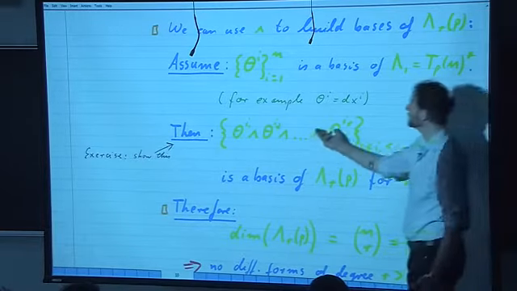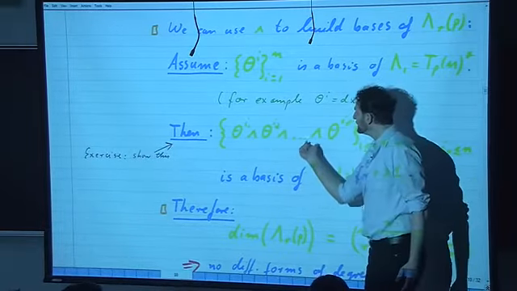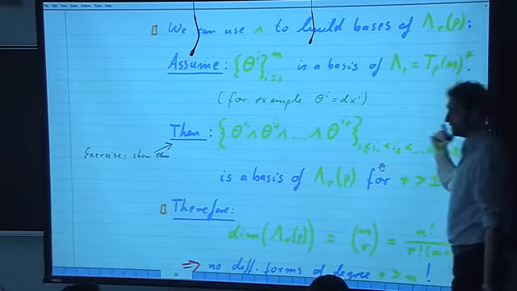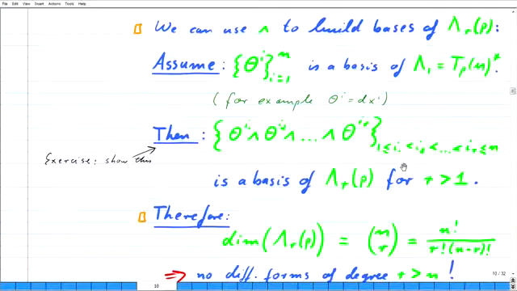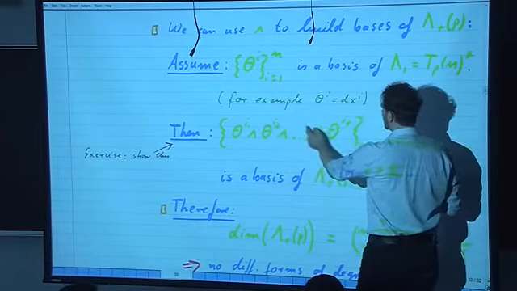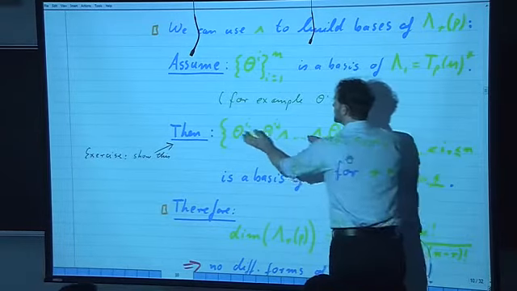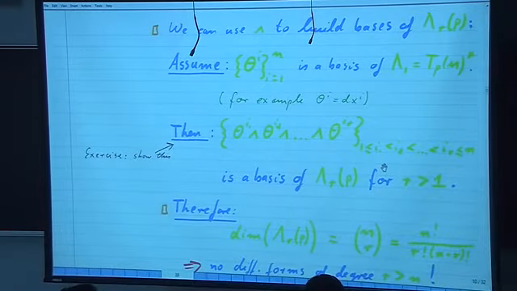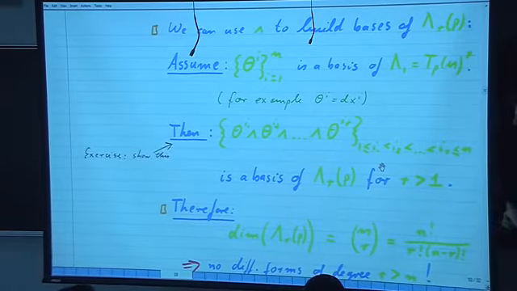Because if they're not ordered, then you can always change the order so that they become ordered, and you're not generating a new basis vector because it's going to be linearly dependent because of the antisymmetry. So the set of all wedge products where I1 is smaller than I2 is smaller than I3, etc., is going to form a basis in the space of differential R forms.